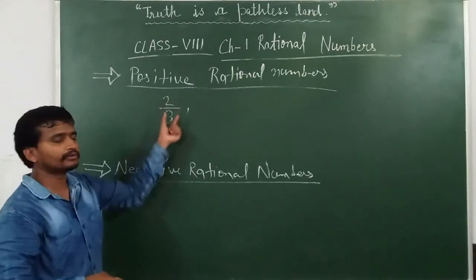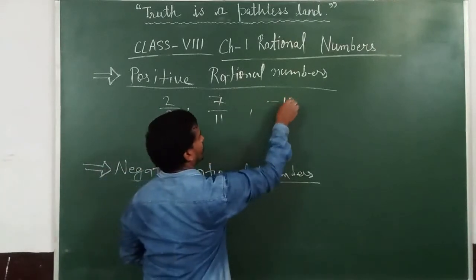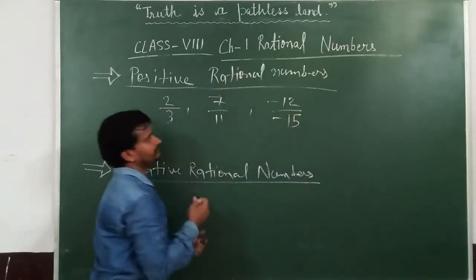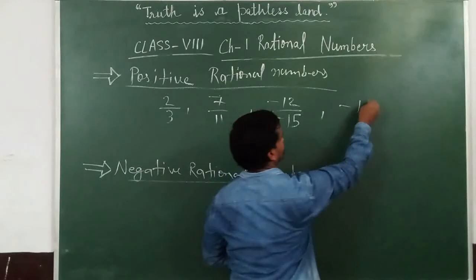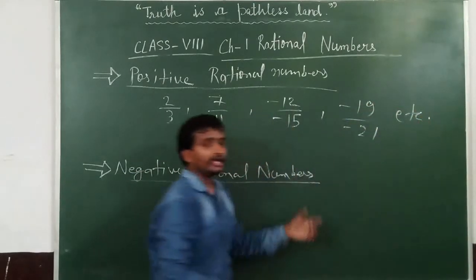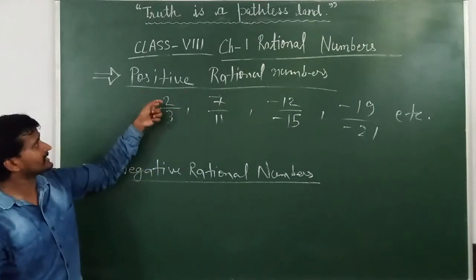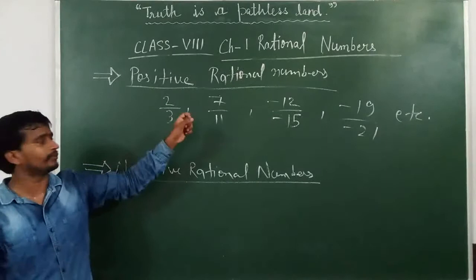For example, 2 upon 3, 7 upon 11, -12 upon -15, -19 upon -21, etc. These are positive rational numbers because the sign of numerator and sign of denominator both are the same.